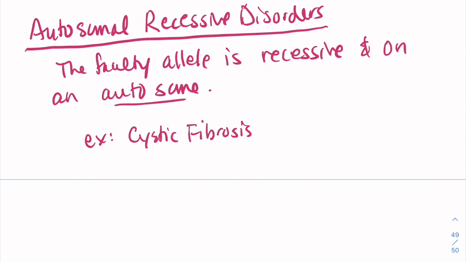Cystic fibrosis is a lung disorder, and it is characterized by folks who get a very thick, salty mucus in their lungs, and it's because chloride ions are not pumped in and out of the lungs effectively. So they end up with a lot of lung problems. 40 years ago, having cystic fibrosis was pretty much a death sentence.